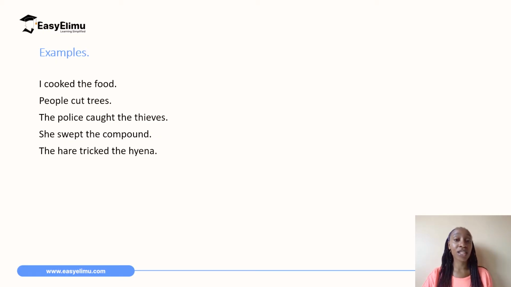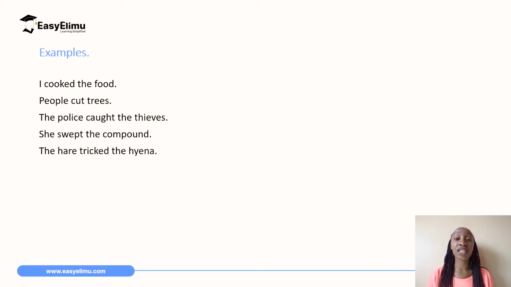So in this case, the action is what? Cooked. So who has done the cooking? I. So I is the subject. Cooked is the verb or the action, and then the food is the object. So for easier understanding, if you're trying to determine the subject, the verb, and the object in a sentence, it is easier when you first identify the verb or the action.